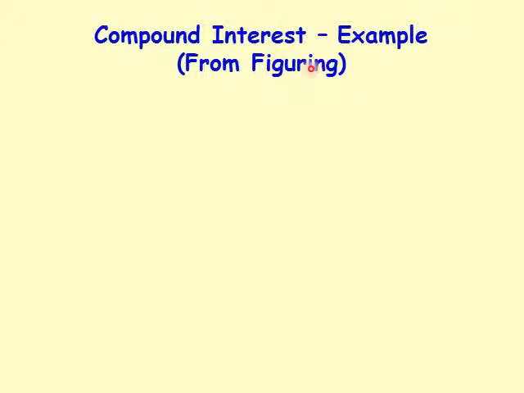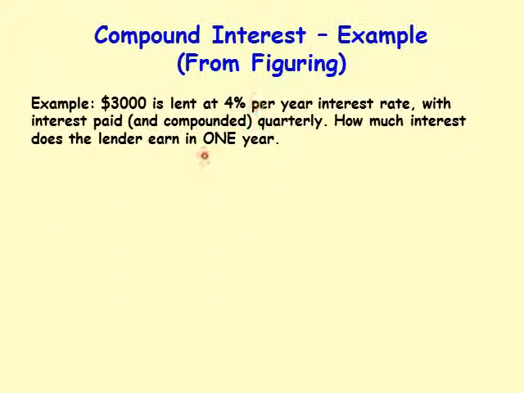I'm going to look at an example again from the same book. $3,000 is lent at 4% per year interest rate, with interest paid and compounded quarterly. So how much interest does the lender earn in 1 year? The principal value is $3,000.